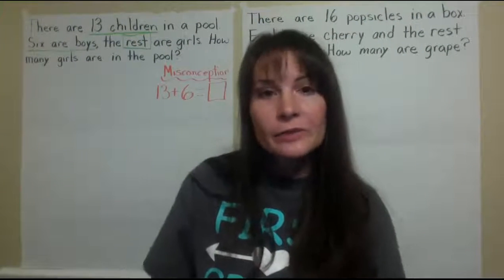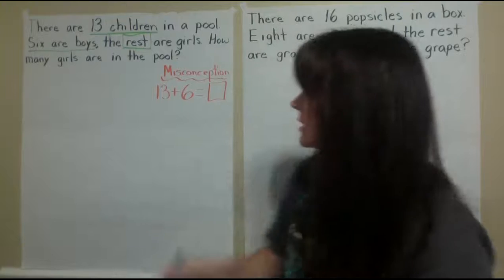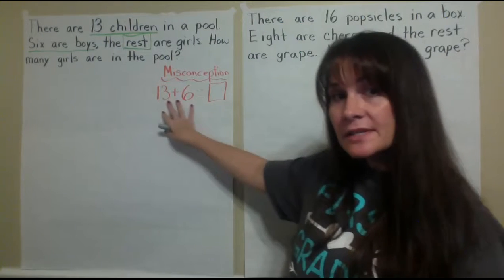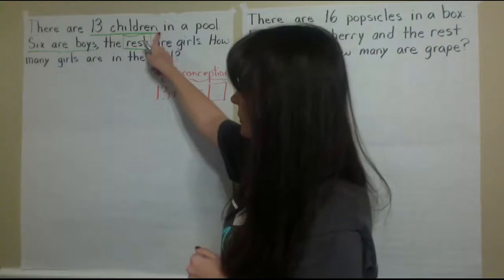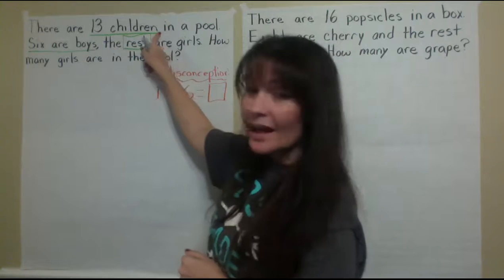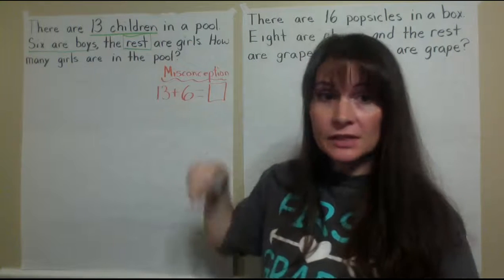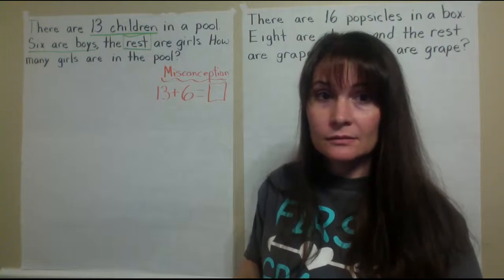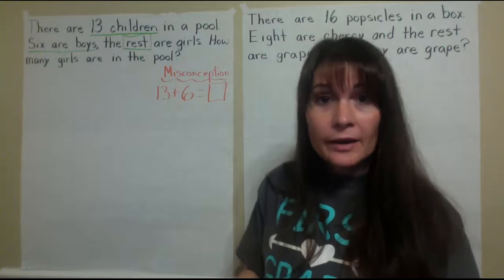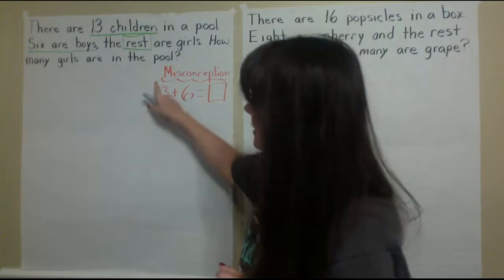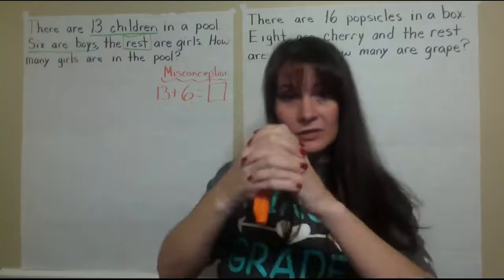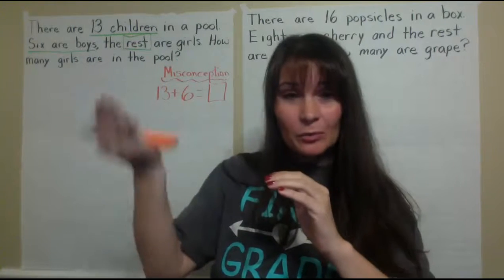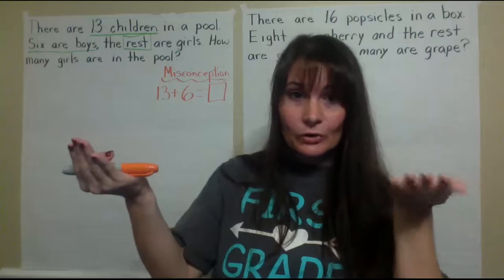I heard some great conversations going. Let's think about the problem and this misconception. If there are 13 children in the pool, can I have more than 13 students? That's right, I can't, because if there's 13 in the pool, there's 13. 6 of them are boys, the rest of them are girls.